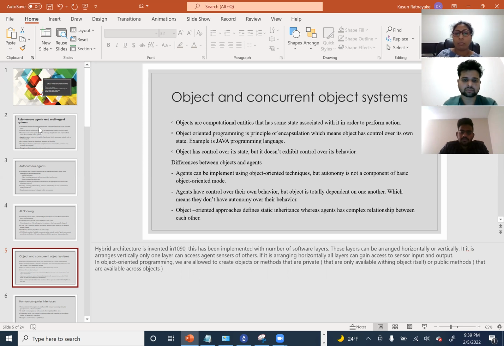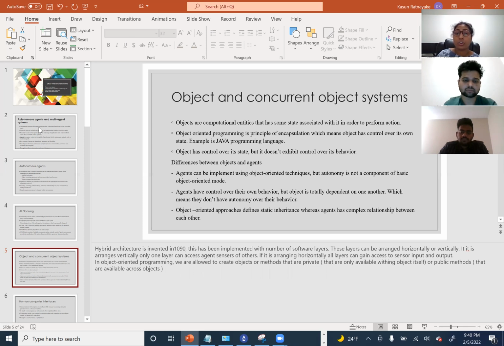Since we are talking about objects and agents, let's quickly go through some differences between them. Agents can be implemented using object-oriented techniques, but autonomy is not a component of the basic object-oriented model.